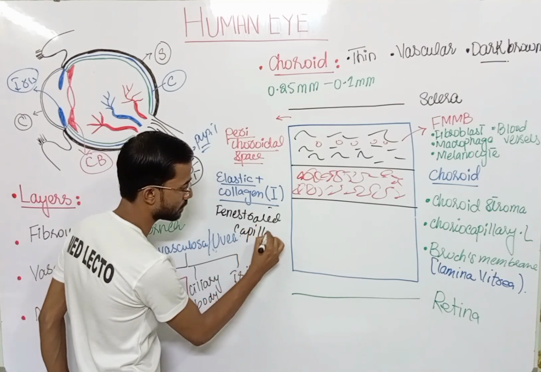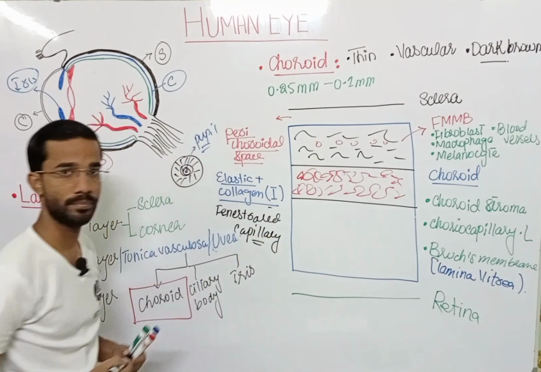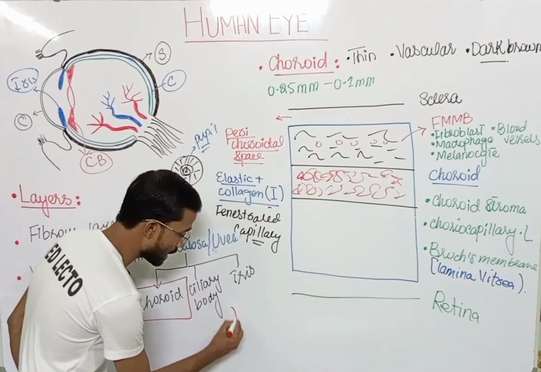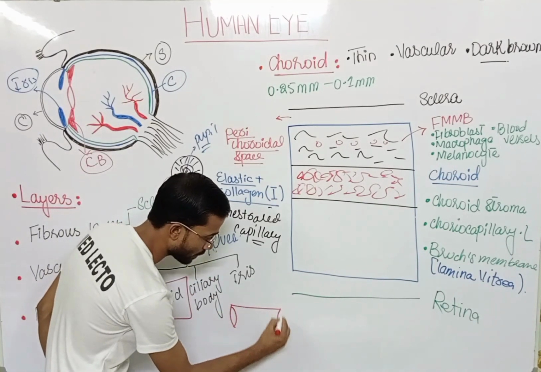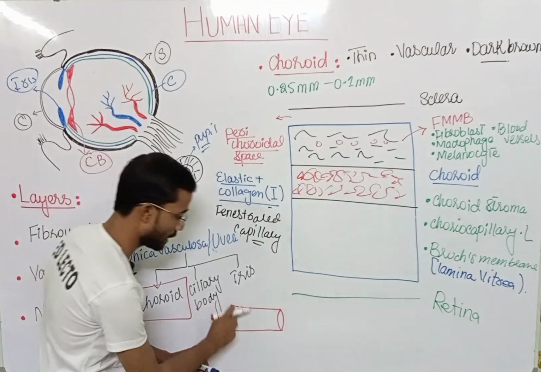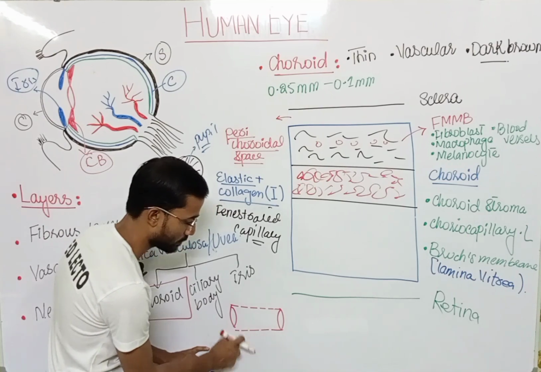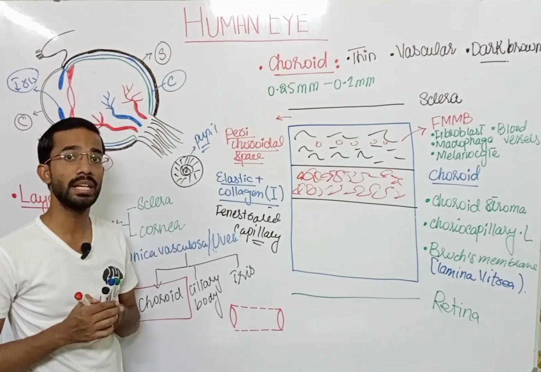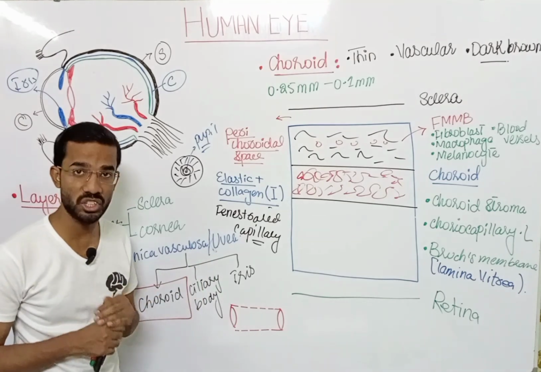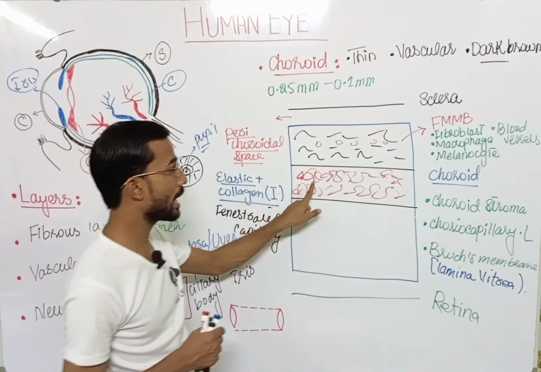Fenestrated means that if you see here, this is the capillary, and this capillary has a lot of pores in it. That is called a fenestrated capillary, a capillary having a lot of fenestrations. These lie in this layer.